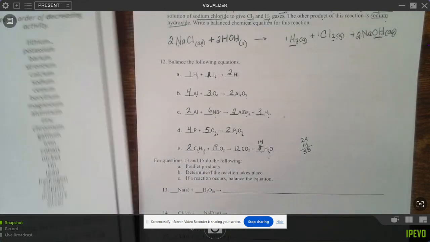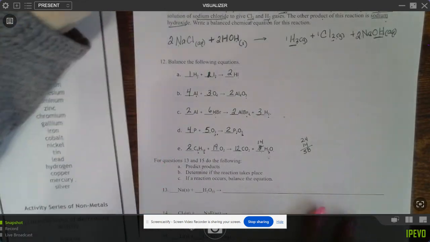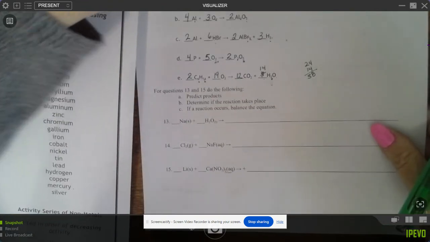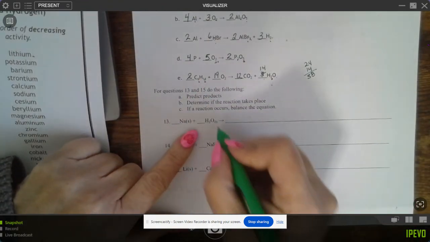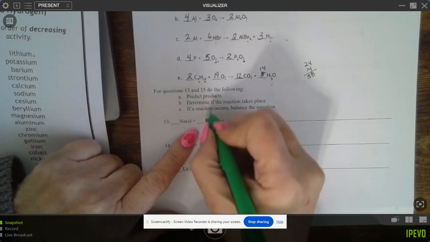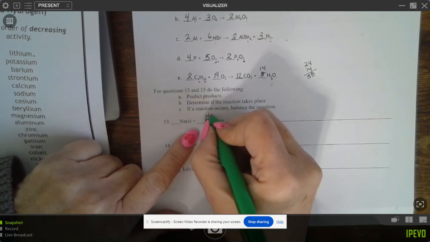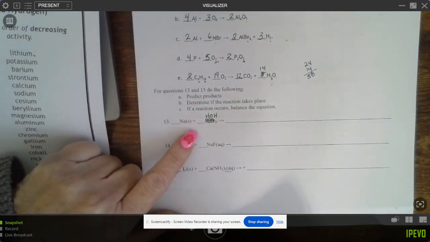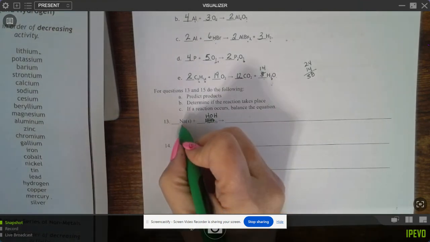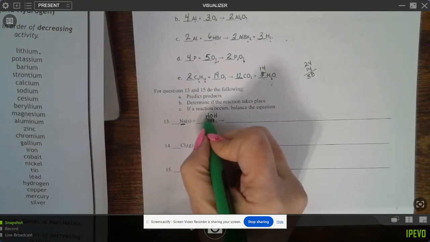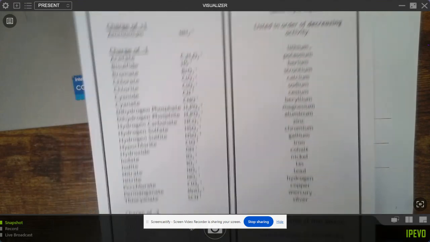So when we look at a single replacement reaction, and remember we talked about water, instead of writing it as H2O, we said write it as hydrogen hydroxide. So we're going to compare sodium with hydrogen on our list.